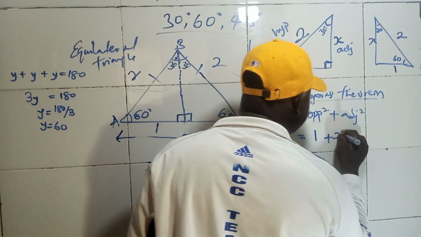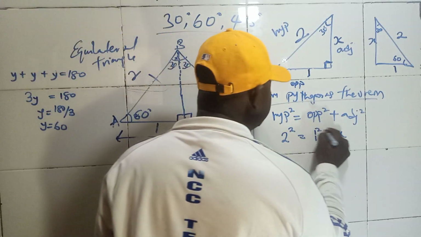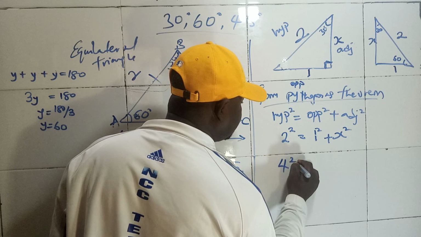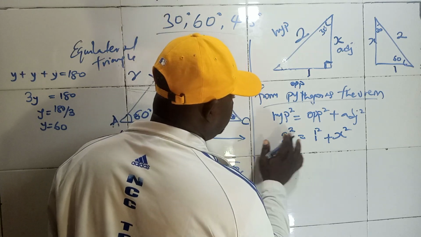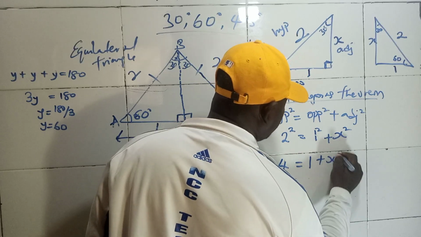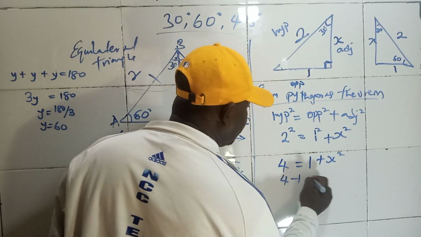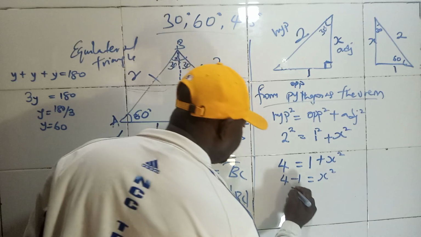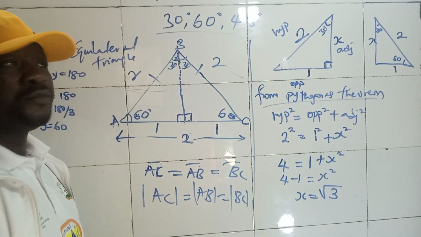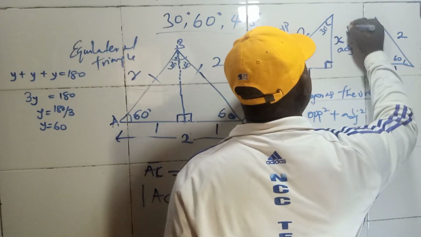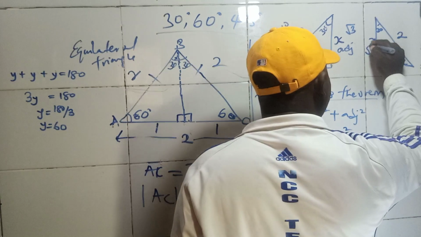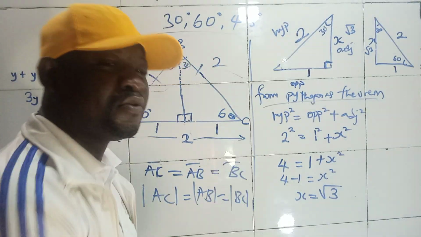X. That is what we want to determine. 1 squared plus x squared. 2 raised to the power 2 is 4, which is equal to 1 squared, that is 1 times 1, which is 1, plus x squared. So we now have 4 minus 1 is equal to x squared. So x is equal to the square root of 3. It means this place is square root of 3, and this one is square root of 3. So anywhere you find x, square root of 3.